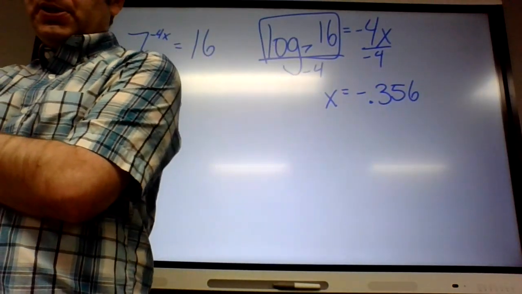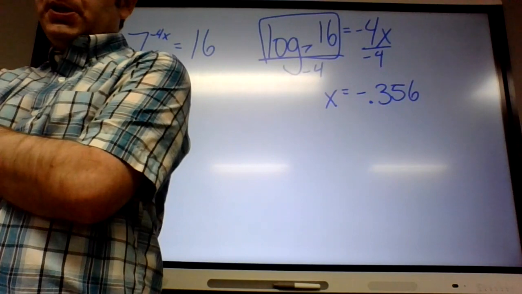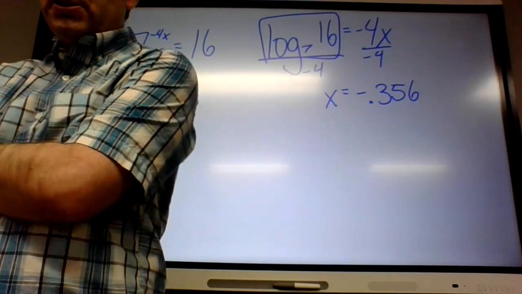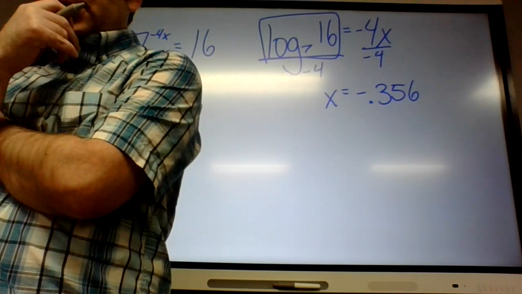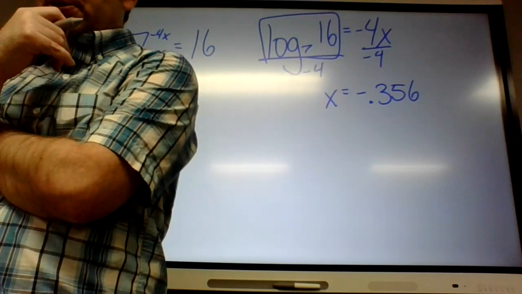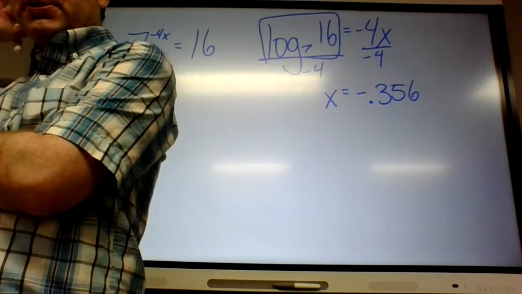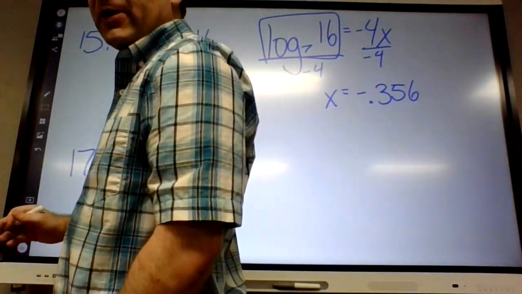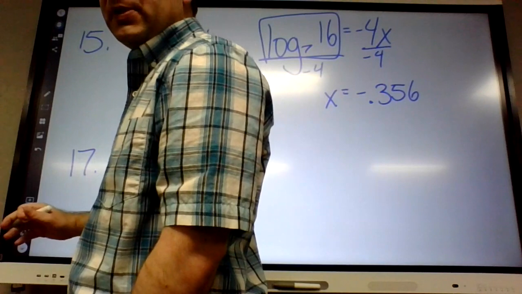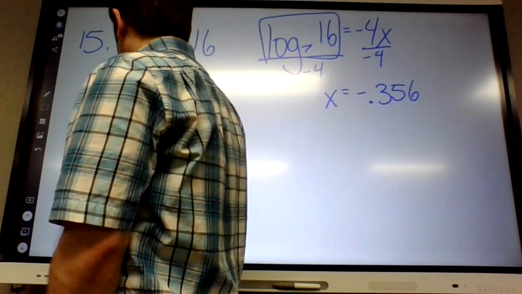Number 17. Solve. Express each answer exactly using e, and then as a decimal rounded to the nearest thousandth. Okay, so it's kind of the same thing. 5 natural log of 7x equals 1.6.